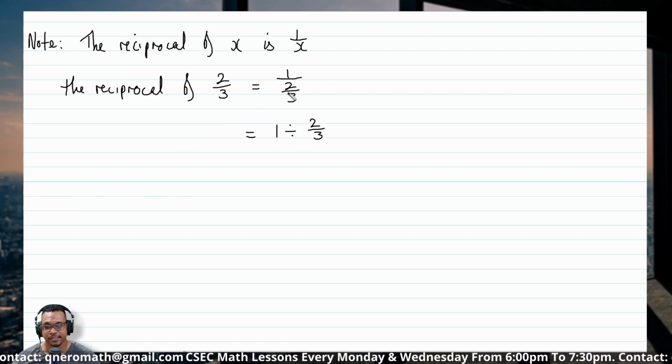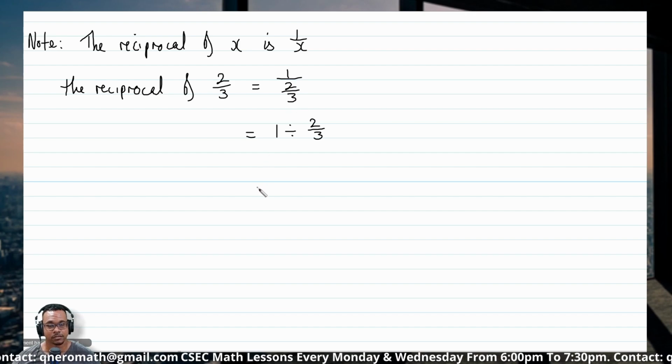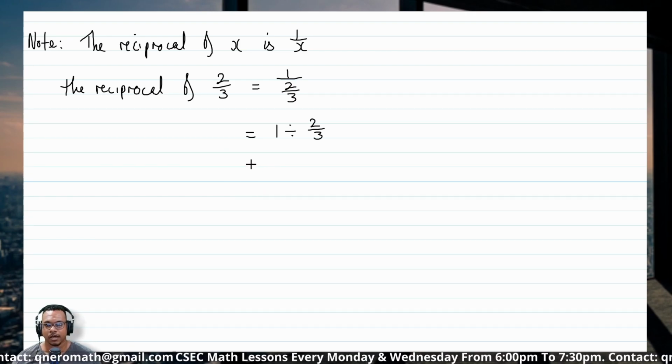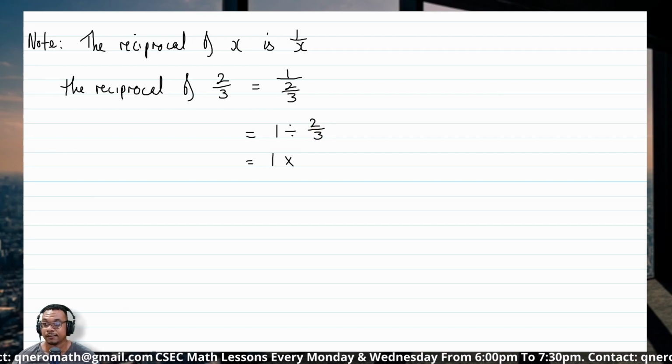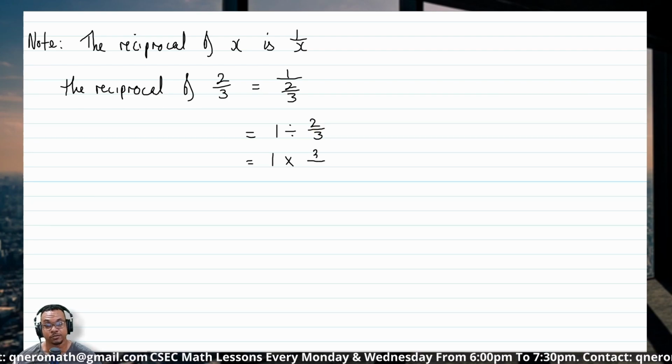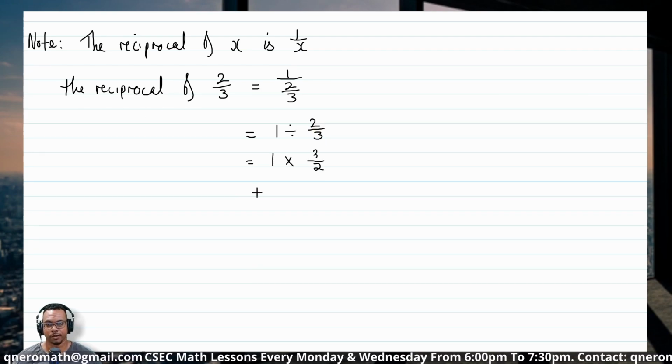That's what this line means, divide. When you're dividing, you change it to multiply, and you have to invert the divisor. So that'll flip and you're going to get 3/2. And if you multiply 1 by 3/2, the answer is 3/2.